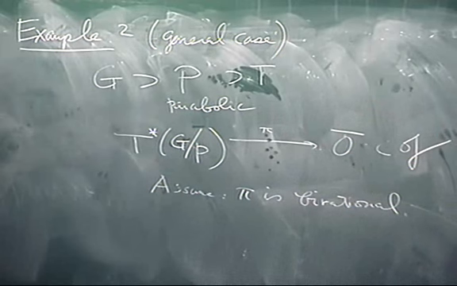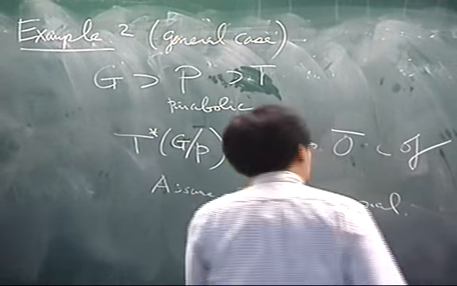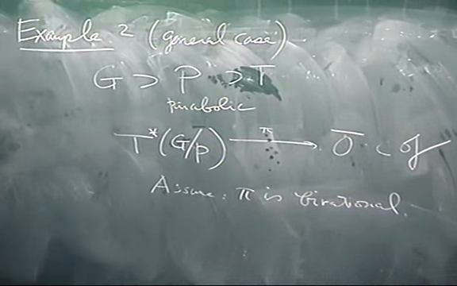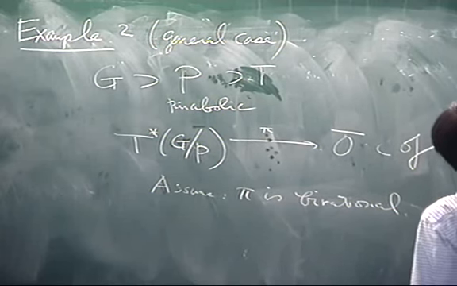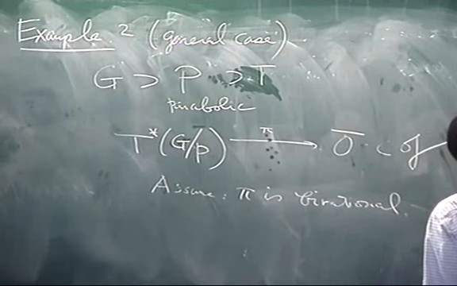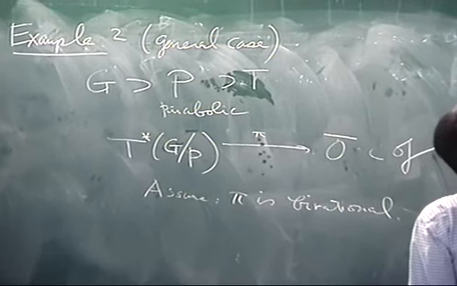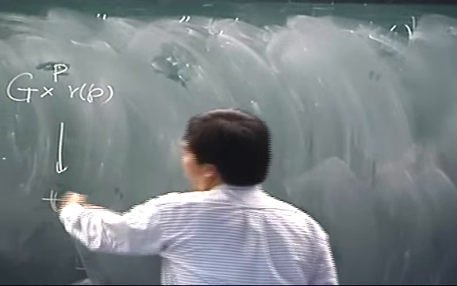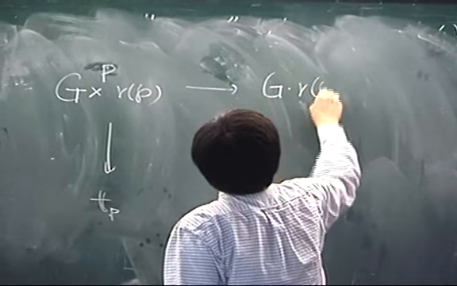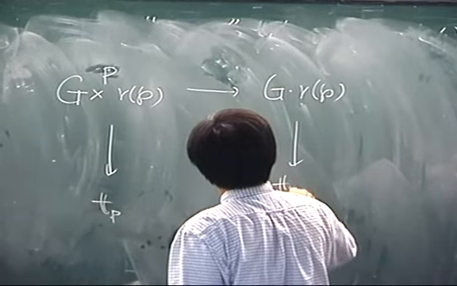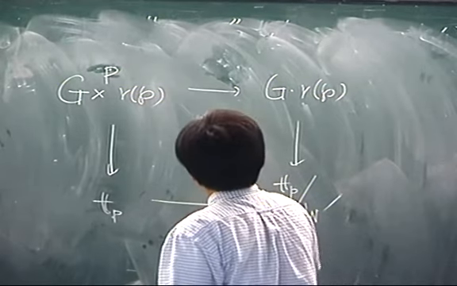In this situation, one has a similar commutative diagram like this. Anyway, it is something like this. P R pi to TP. So this is some total algebra, and G times R pi and TP mod out W prime.